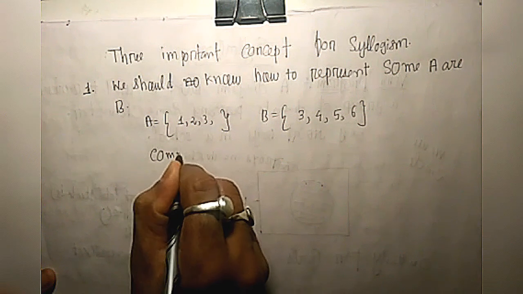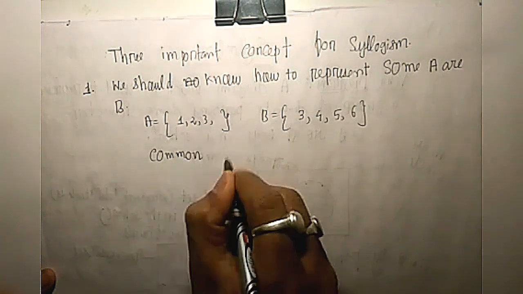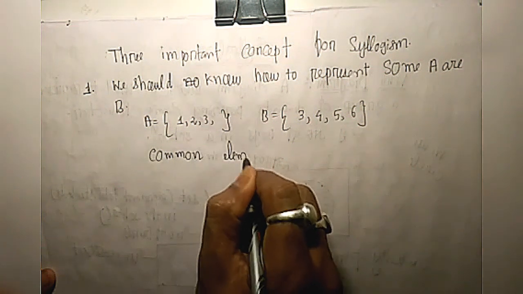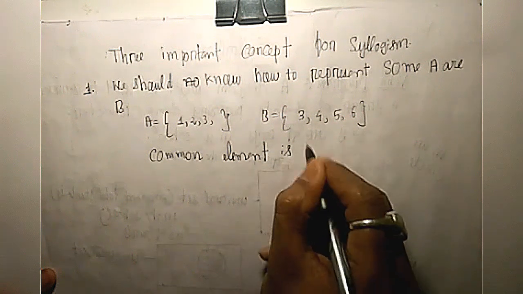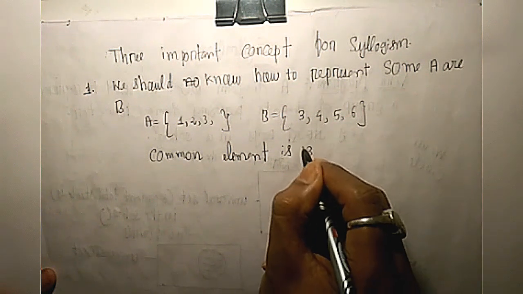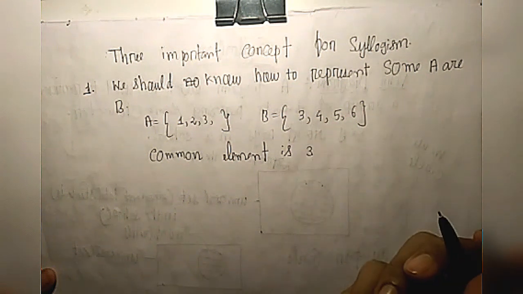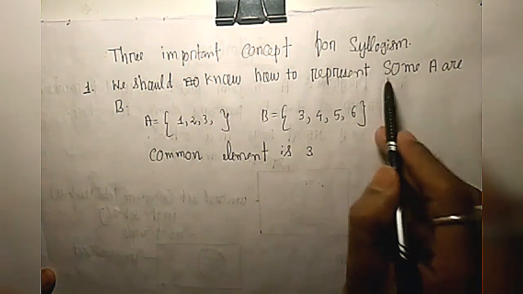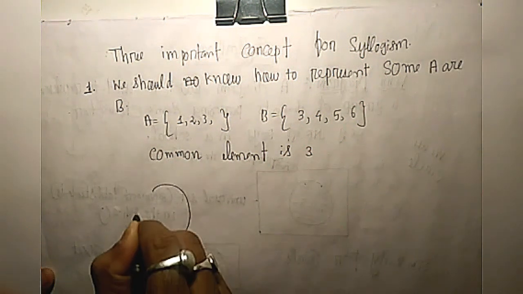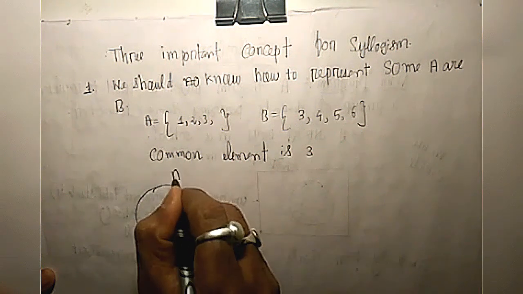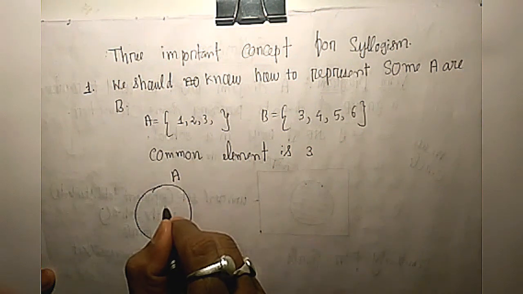So "Some A are B" means some element of A is also an element of B.